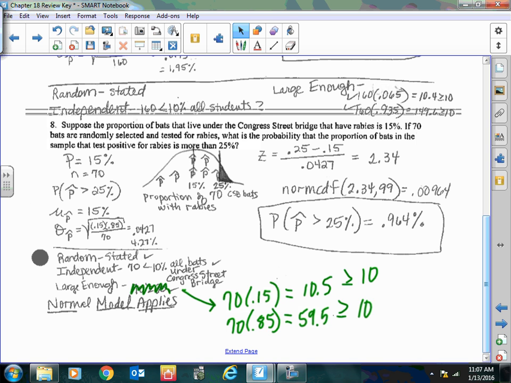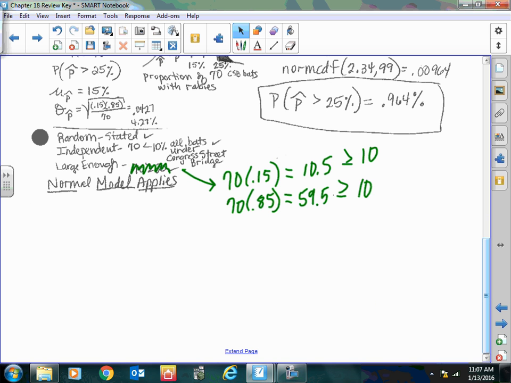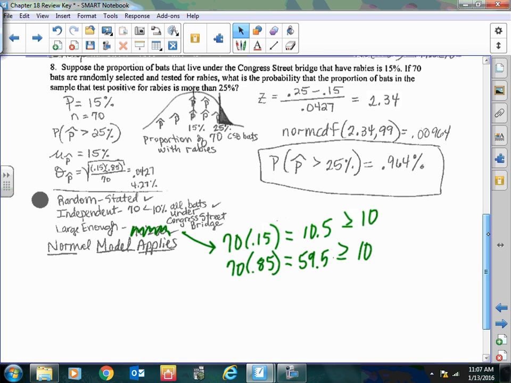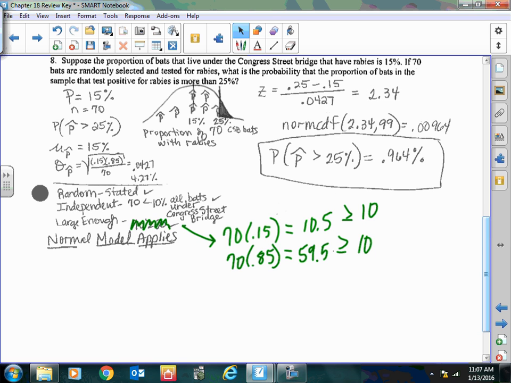Now, I made a mistake on your key, and I don't even know how many years I've used that same answer key. First period, I just happened to glance and notice that I did my large enough wrong. This is a proportion problem, and look at the large enough I had done. I said, 70 is greater than or equal to 30. Woohoo!